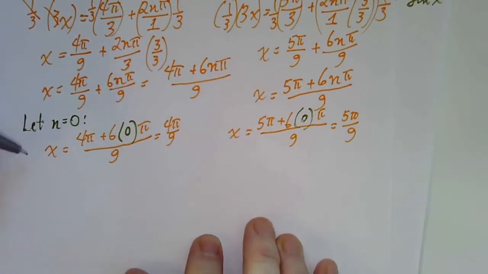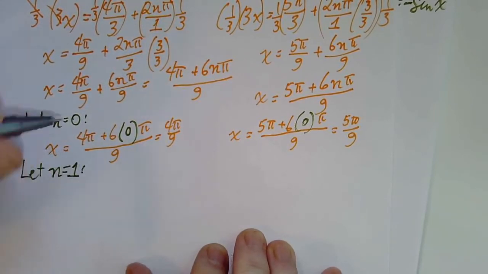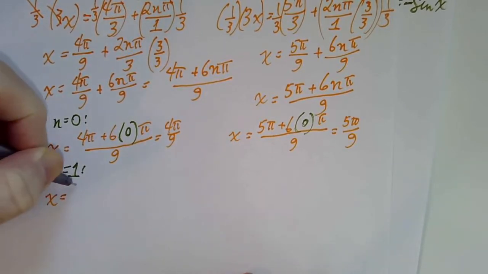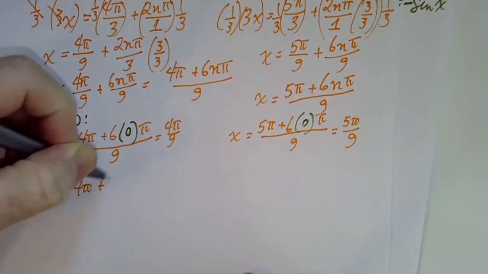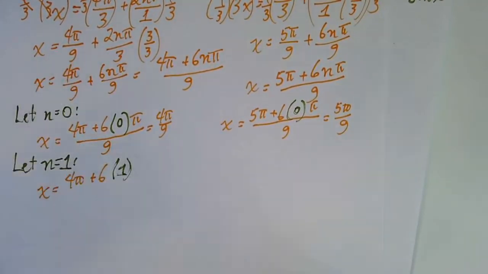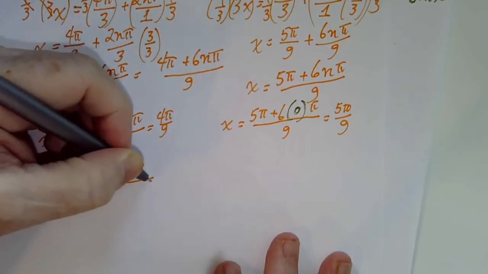Now let's let n be 1. So I get x is equal to 4 pi plus 6 times 1 times pi over 9.